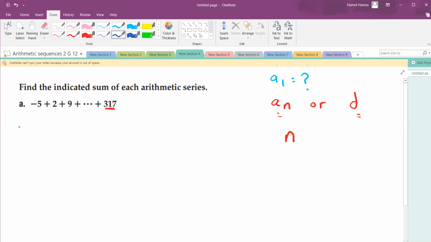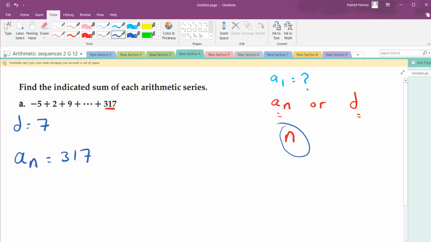Okay, so d is 2 minus 5. It will be 7. I can't skip from it. We must find n. So the last term, an, is 370.